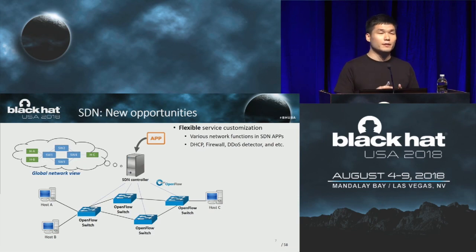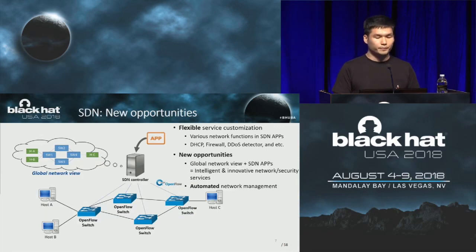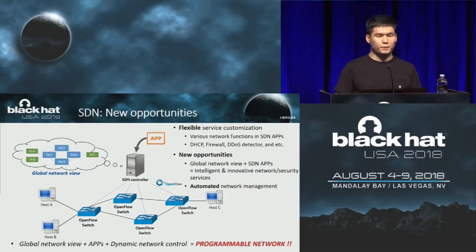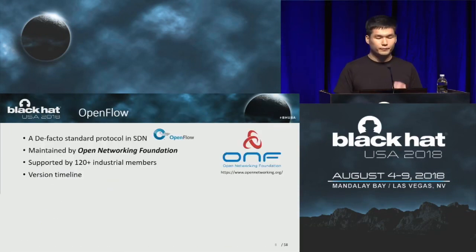So you can easily develop various SDN applications such as DHCP, firewall, and DDoS detector. This creates new opportunities because, unlike traditional networks, now you have the global network view and innovative network functions in these SDN applications. You can just deploy them into your SDN so that the SDN applications automatically manage the network. For that reason, SDN is known as a programmable network today.